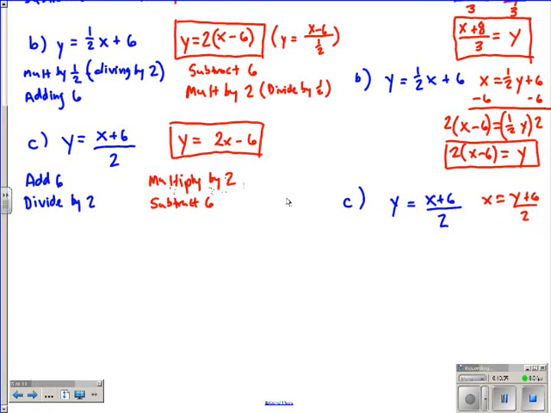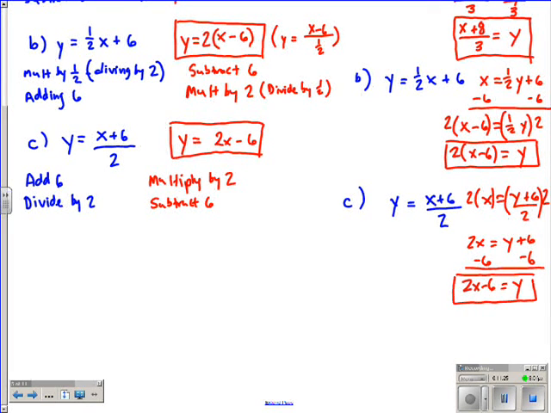Notice here, multiply by 2 on both sides. So as we do that, we're going to end up with 2x equals y plus 6. Subtract our 6 from each side, and we get 2x minus 6 equals y. So one more time, we end up with the exact same answer.